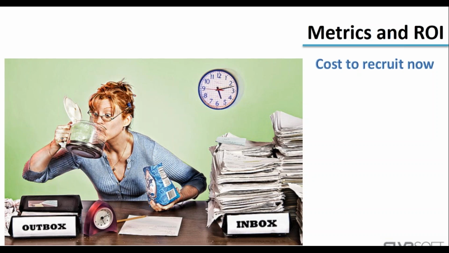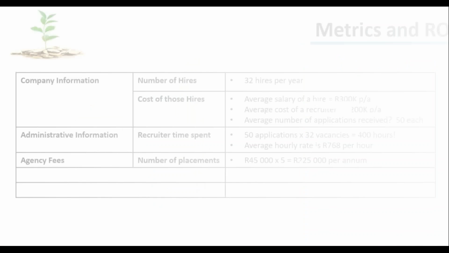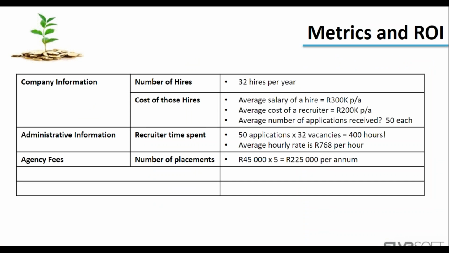So I think let's summarize. Let's summarize and say, okay, fine. What we know is we've got 32 hires per year. The cost we know, it's about 50 each. The recruiter time spent is about 400 hours, and let's work out an average hourly rate of 760. So I took the 200K divided by 12, divided that by your typical month working days, which is 21.7, and I got a rate of 768 per hour.